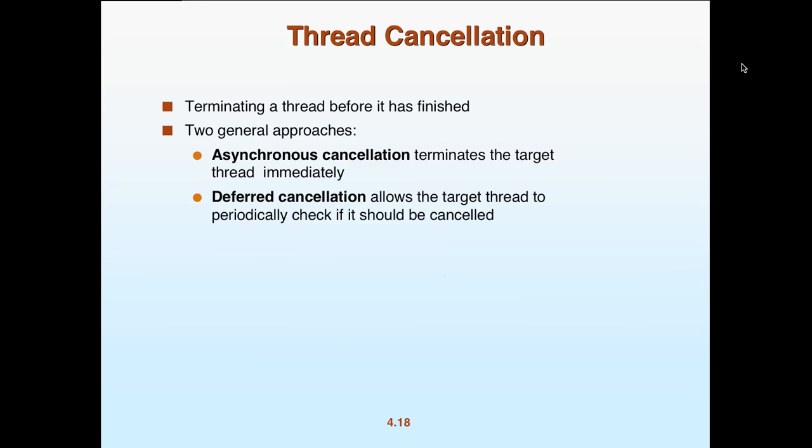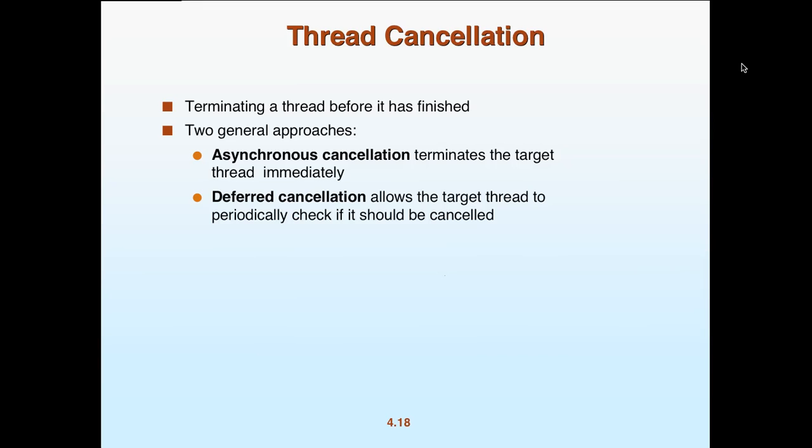There are two general approaches to thread cancellation from a programmatic point of view: asynchronous cancellation and deferred cancellation. Asynchronous terminates the target thread immediately. It just says, right now, you're done. The other approach, which doesn't leave as much garbage and is a little bit nicer, is deferred cancellation.